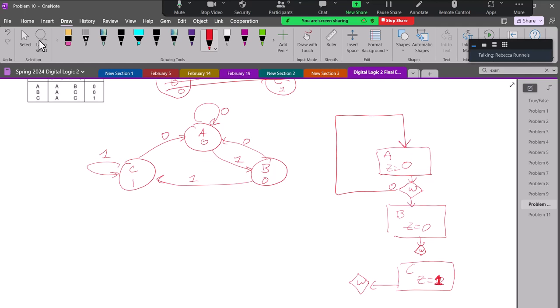And if W is 1, I go to B. For state B, if W is 0, I go to A, and if it's 1, I go to C. And for C, if W is 0, I go to A, and if it's 1, I go back to C. I think that's it.